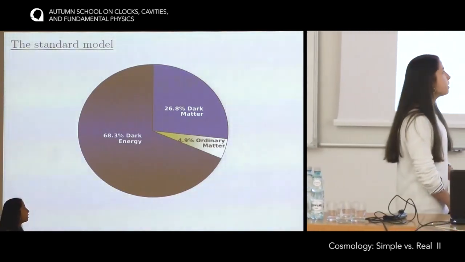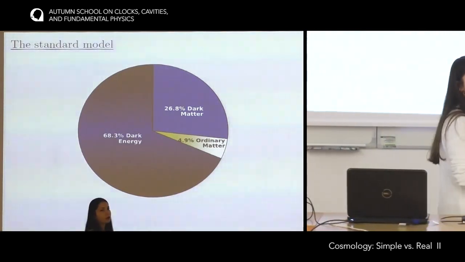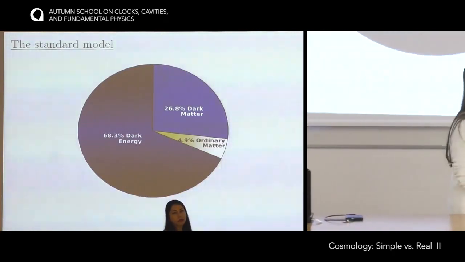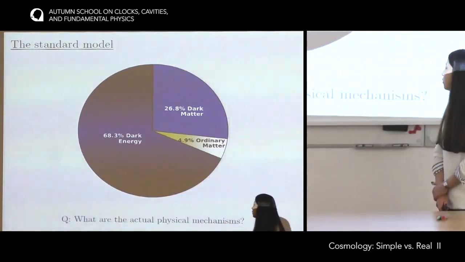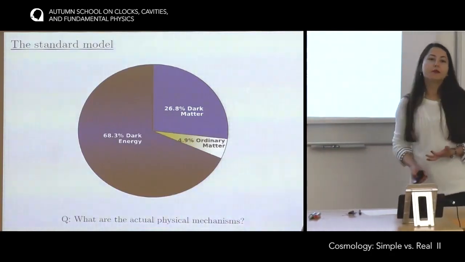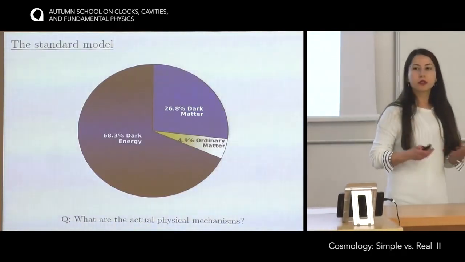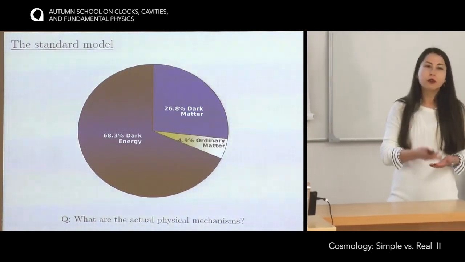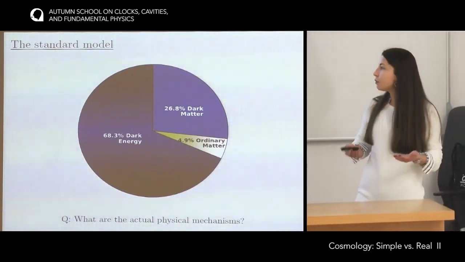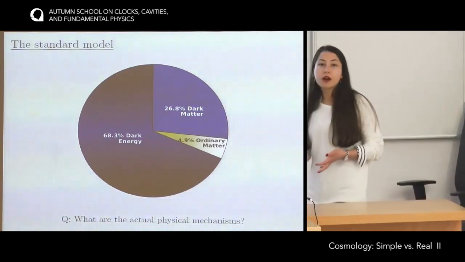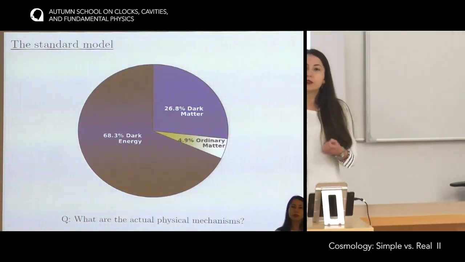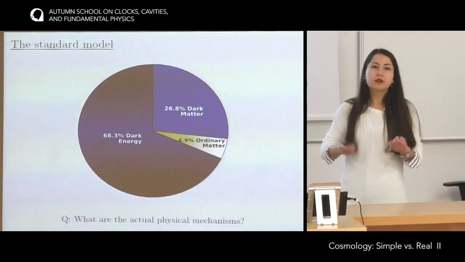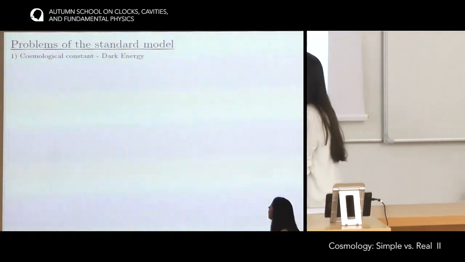And we're only left with 5% for the ordinary baryonic matter that we know of. So the actual physical mechanisms behind this dark sector are unknown. We know how to interpret the data, we know how to modify our standard model, but we don't have physical mechanisms to drive these unknown phenomena.